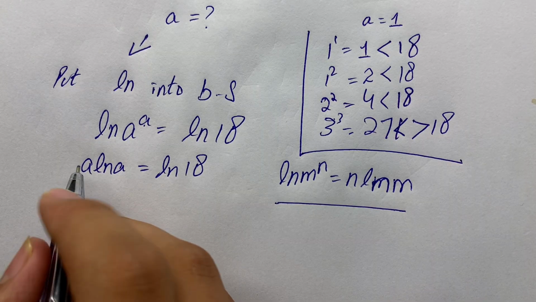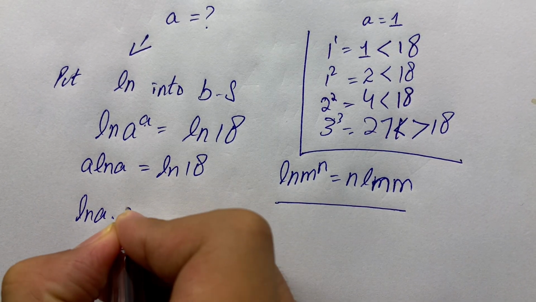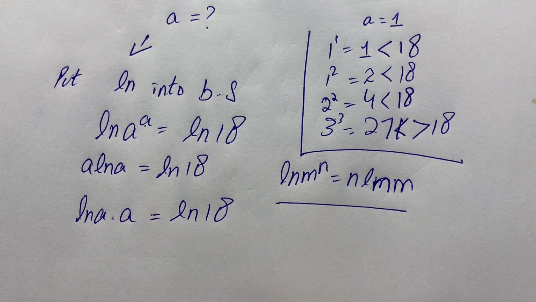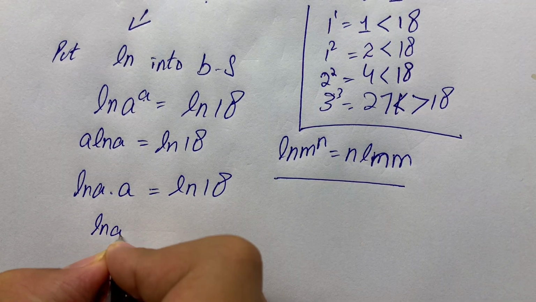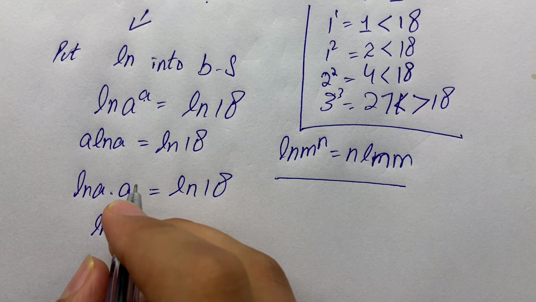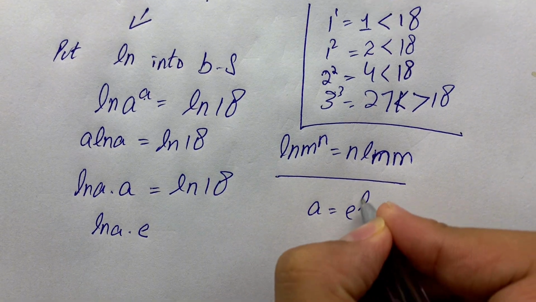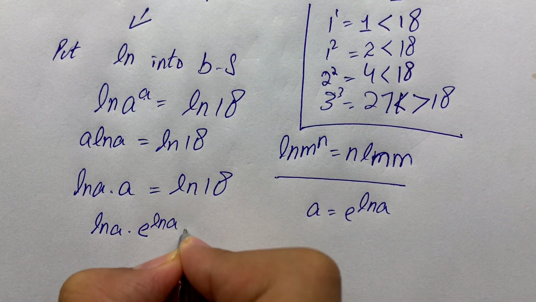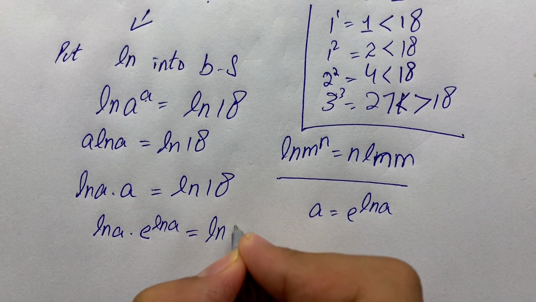Now ln a times a is equal to ln 18. Because a is equal to e to the power ln a, we get ln a times e to the power ln a is equal to ln 18.